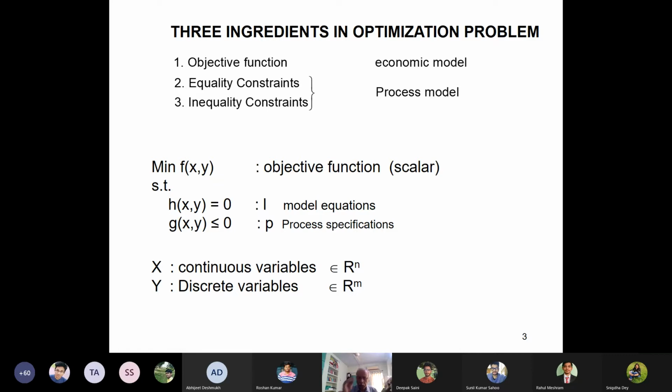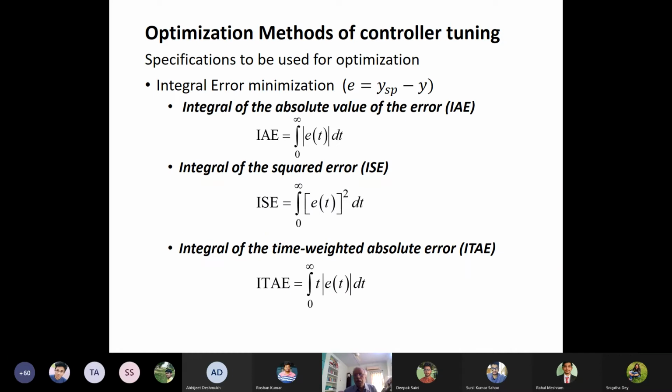Okay. So let's move to the control problem. Now in optimization methods of controller tuning, the most used objective function is the integral error minimization. So normally we do an integral error minimization. Here error means y set point minus measured variable or y response. There are 3 types of integral error normally considered.